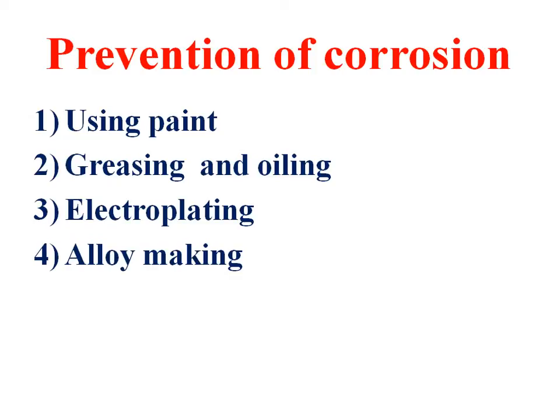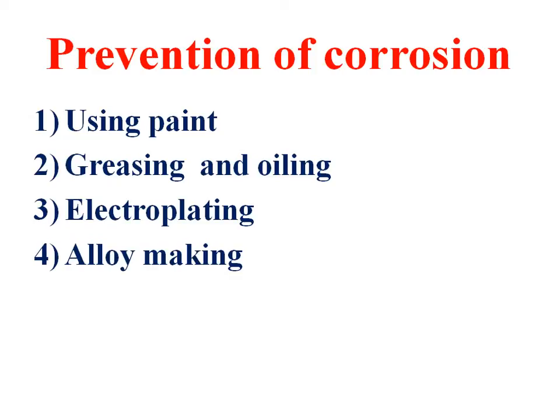Electroplating means that we cover the metal with a different, unreactive metal. As I think you have seen, the handles of cycles and motorcycles are very lustrous. They are coated with chromium metal, because chromium is very expensive and cannot be used in making the whole body.